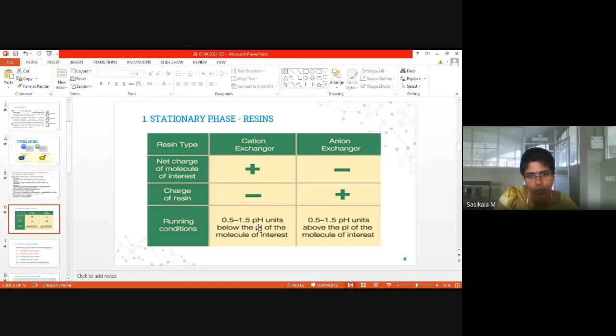PI value we have to choose for cation exchanger below the PI value. PI value also represents some pH where the charge of the molecule will be 0.